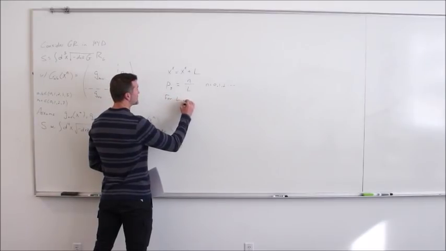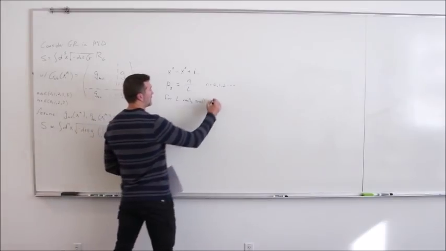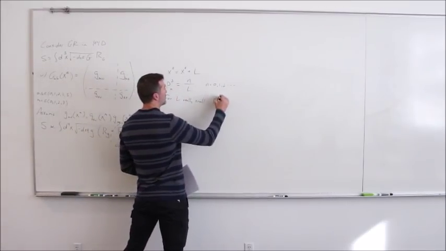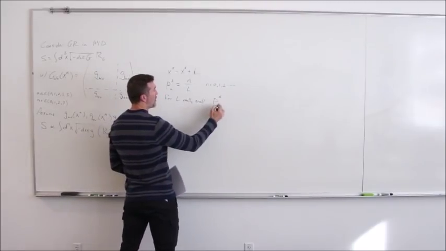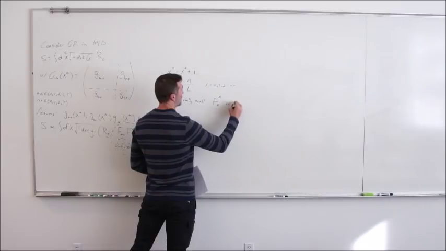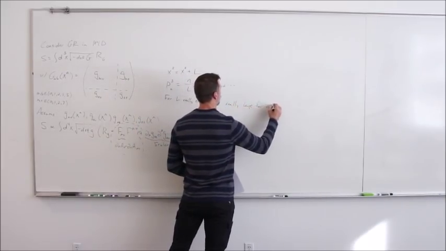For L really small, let me call this P5N. For L really small, N is really large for N not equal to 0.